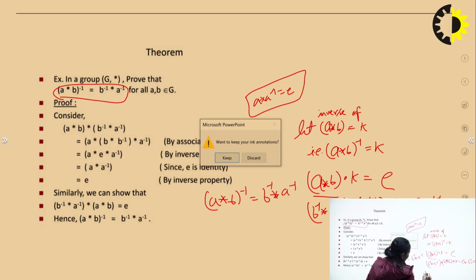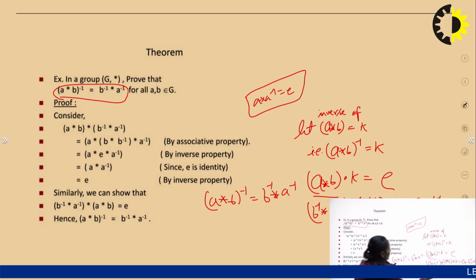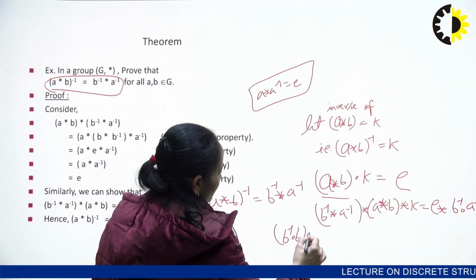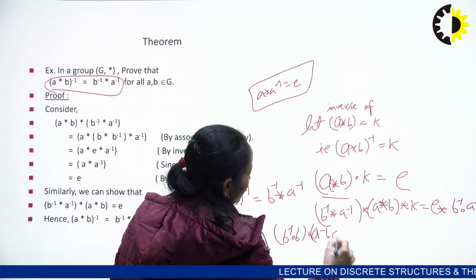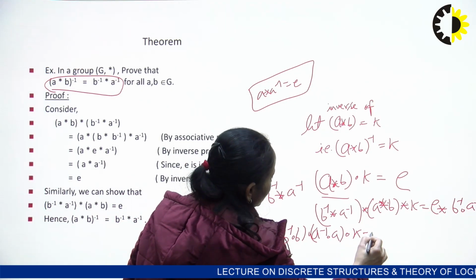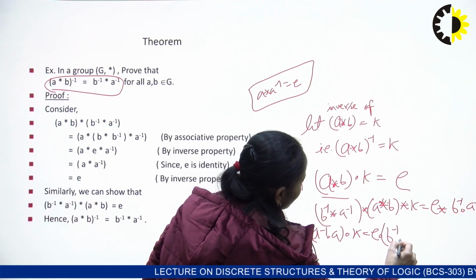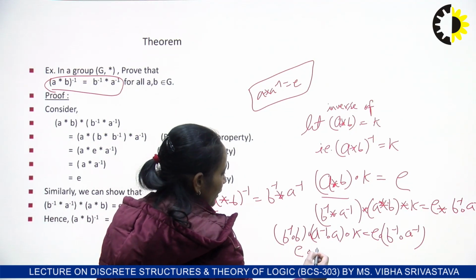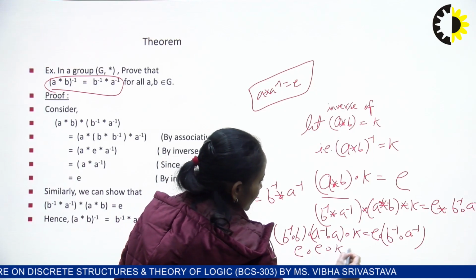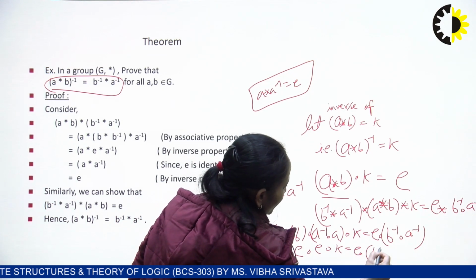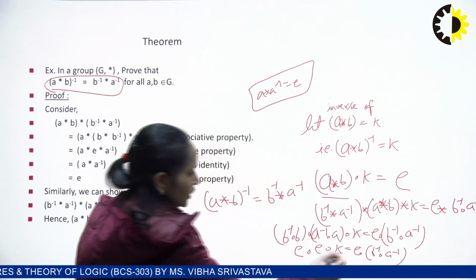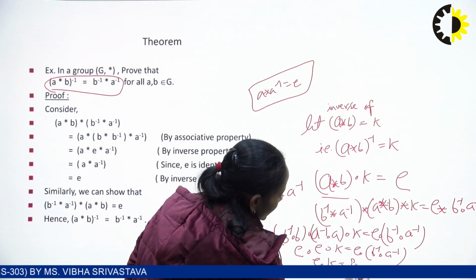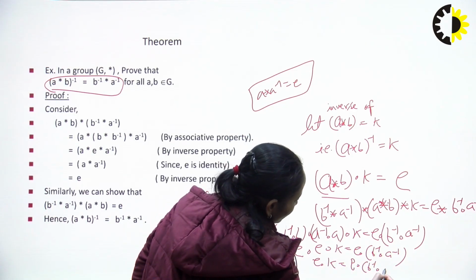So if we solve, we get B inverse cross B cross A inverse cross A cross K is equal to E cross B inverse cross A inverse.